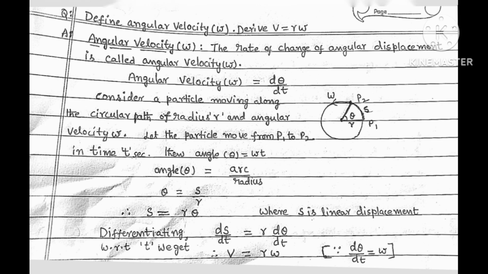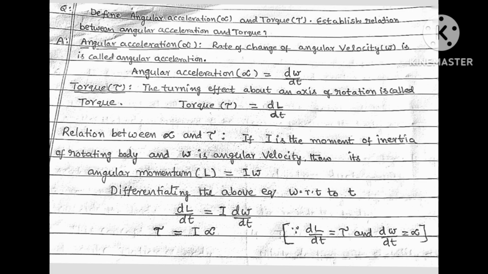Differentiating the above equation with respect to time, we get ds by dt equal to r d theta by dt. Therefore, v equal to r omega, since ds by dt is equal to v and d theta by dt is equal to omega.